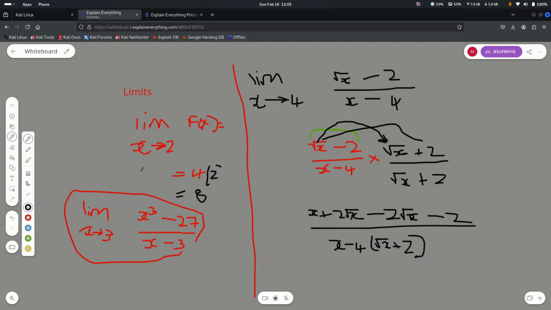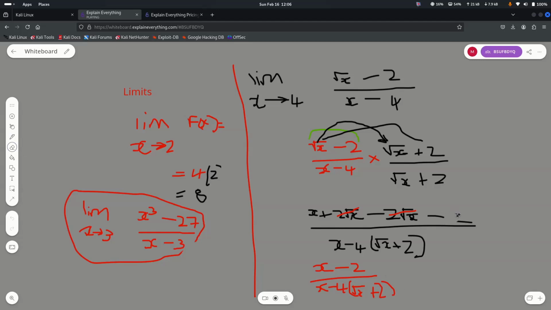Alright, meaning now that we have the like terms here, this one is going to cancel this out, then we are going to be left with x minus 2 divided by x minus 4 multiplied by square root of x plus 2, right?